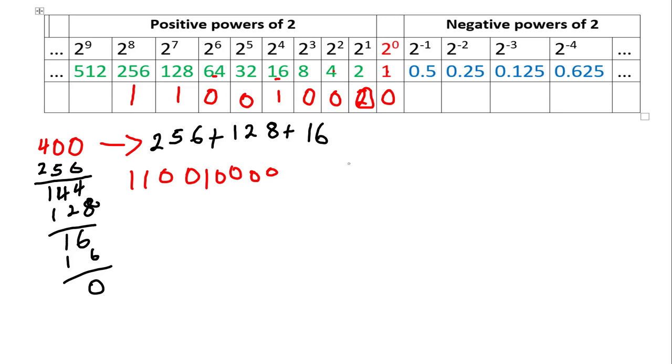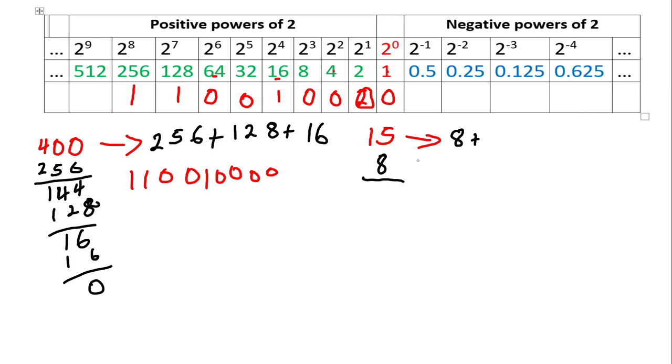Now let's convert 15 into binary. Converting 15 into binary, we compare 15 to the values we have in the table. We don't have 15, but the value just under 15 is 8. We write 8. And then we subtract 8 from 15.